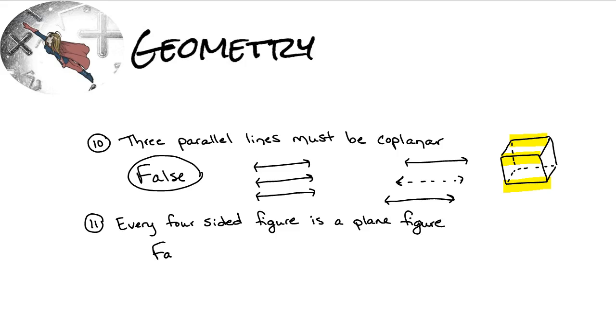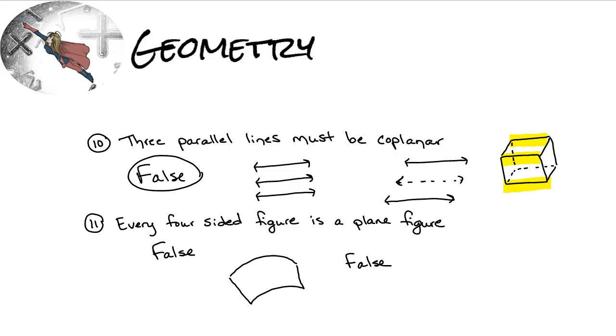Well, that is false because what they're trying to get you to imagine, what if it's a piece of paper with 4 sides and then we bend it, kind of like in an arch, like this. So imagine this is a piece of paper that I'm holding in my hands and I bend it like in a little curve. That would no longer be a plane figure. So because of that, we would have to say false.